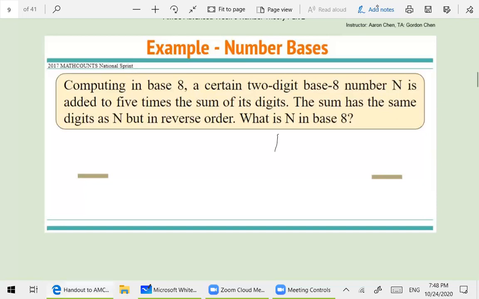So let n equal ab base 8, where a and b are variables.